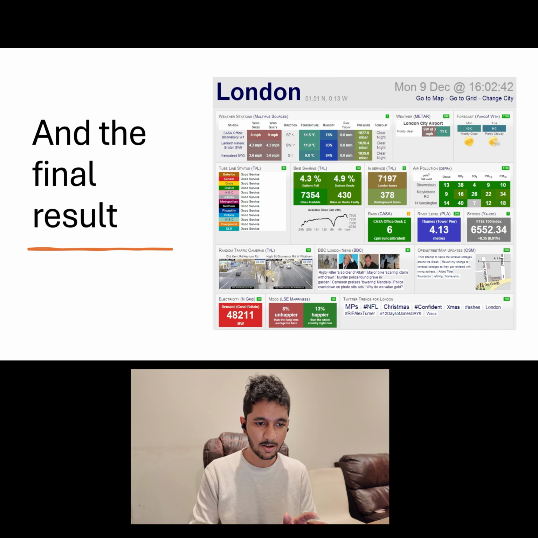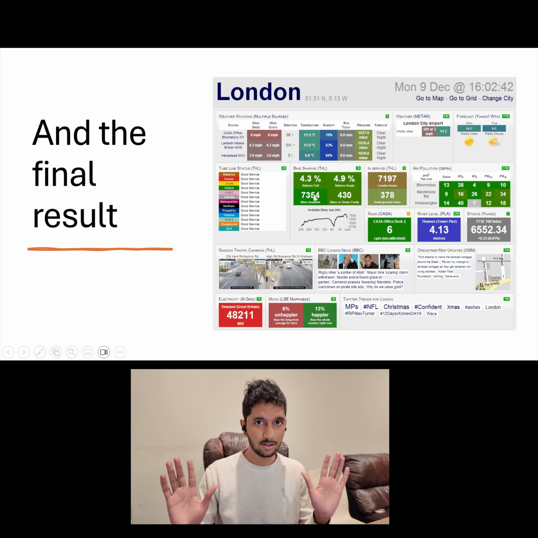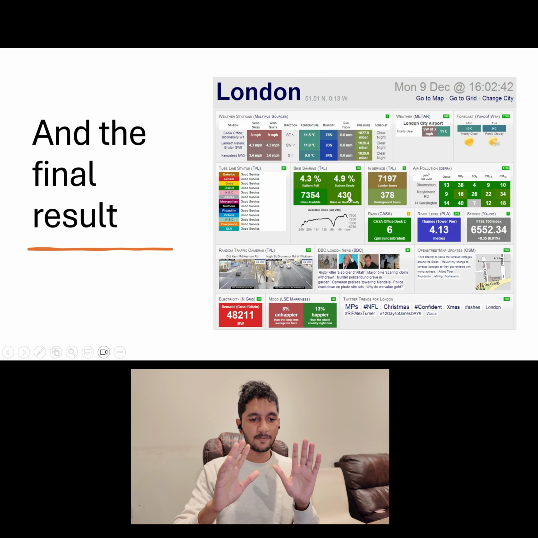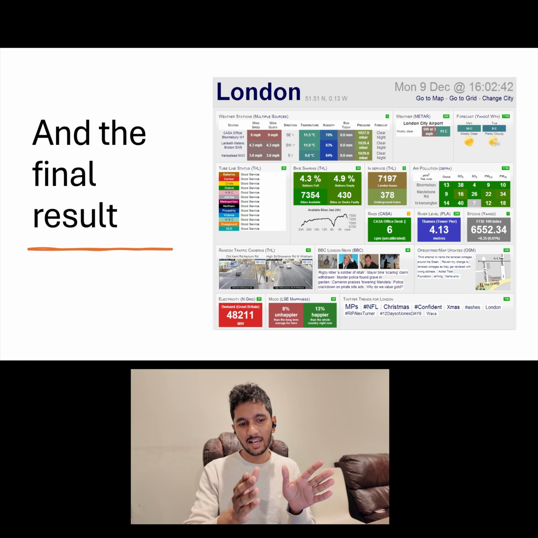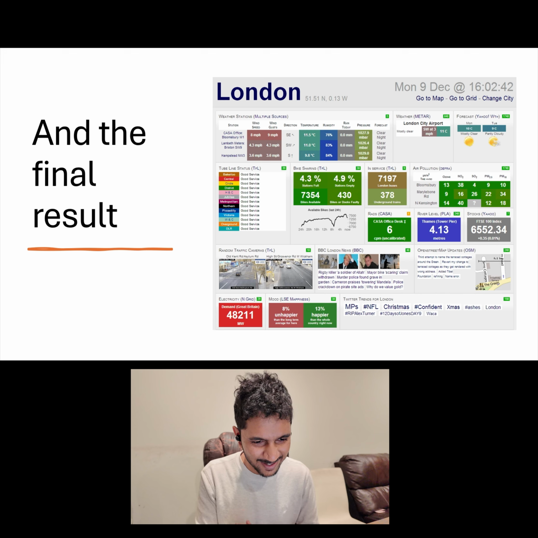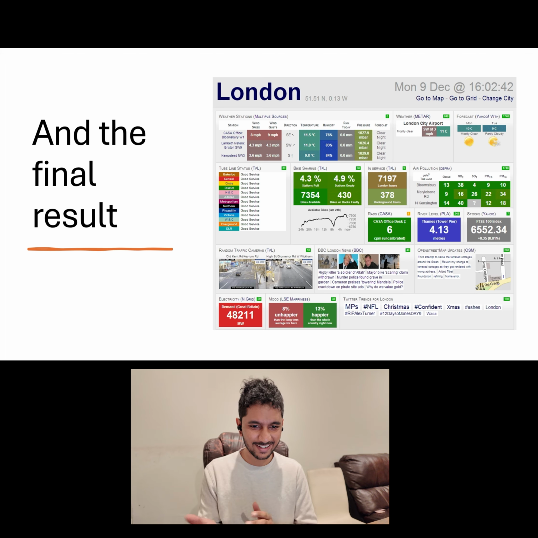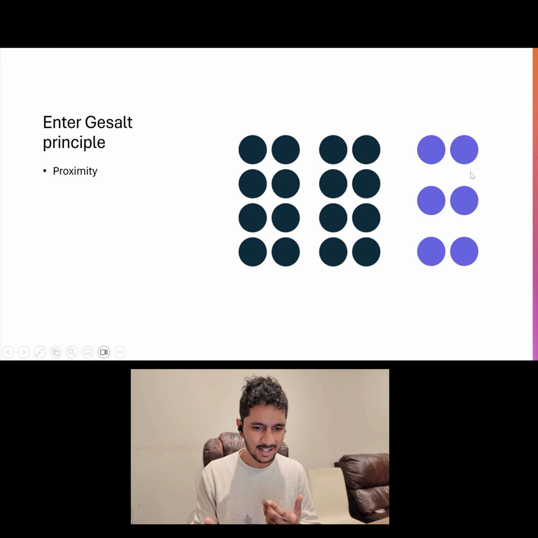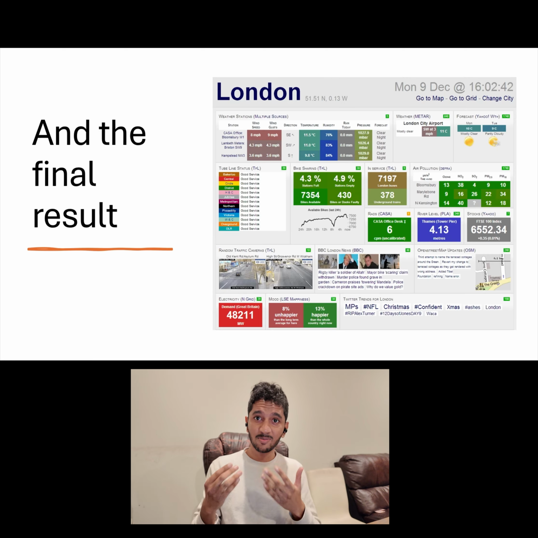For example, 4.3%, 4.9%, 735, 430, that's good. You have color grading, you can see the level of increment and all of that. But honestly, I don't think you can even make that out. That's just terrible, right? And oops, my bad. There are so many numbers, there are so many images.